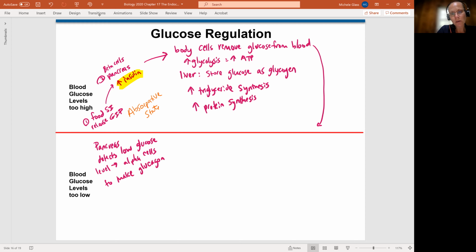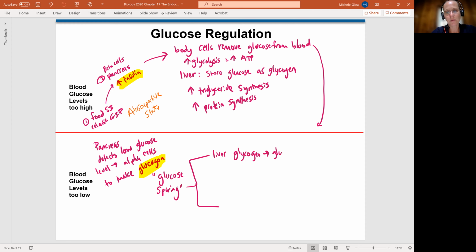And when we get glucagon, what we see happening here is basically we get what we can describe as glucose sparing activities. And these things include the liver is going to break down glycogen to release glucose. We're going to see the liver convert amino acids into glucose.